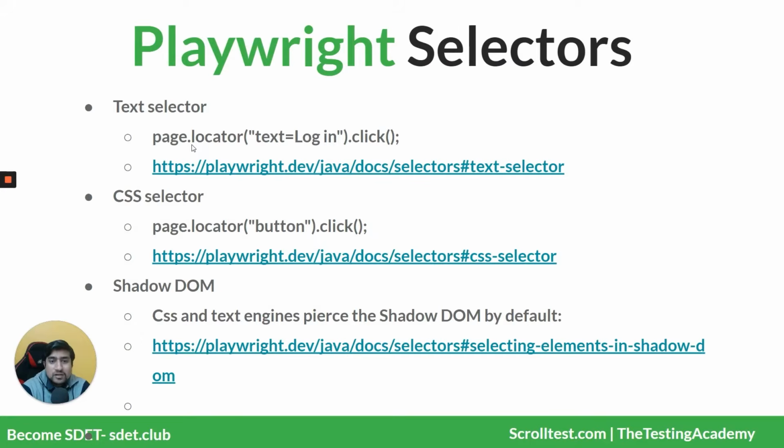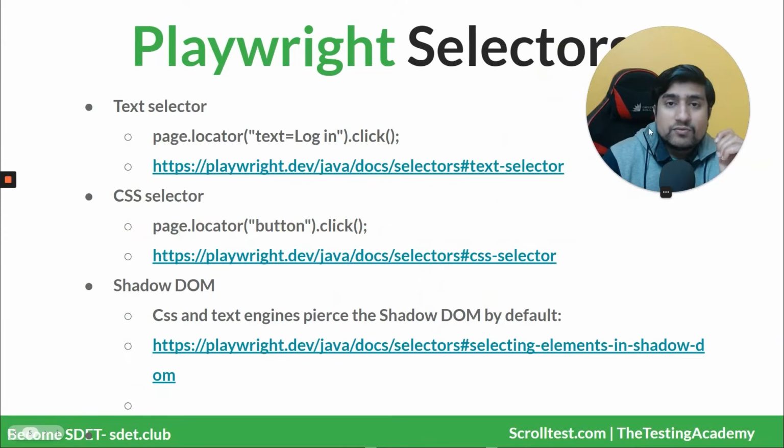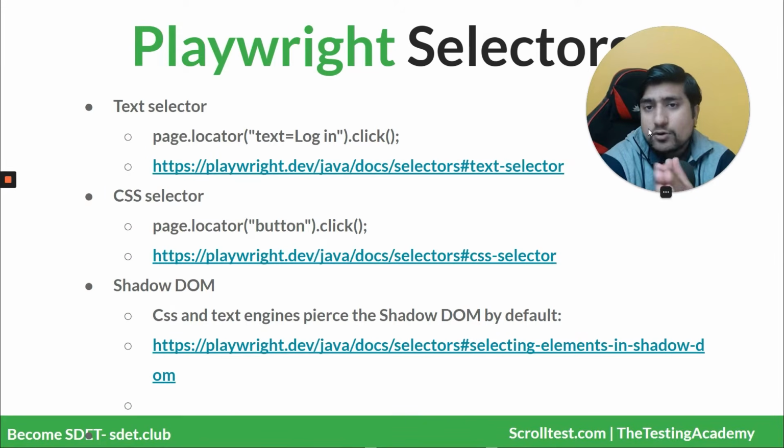So let's jump to the selectors part. The first one is the text selector. I told you in the previous video that first you need to create a Playwright object, and that Playwright object will give you a Chrome instance.